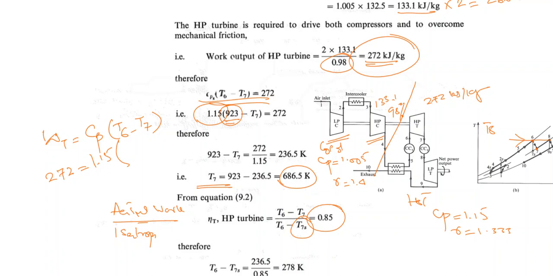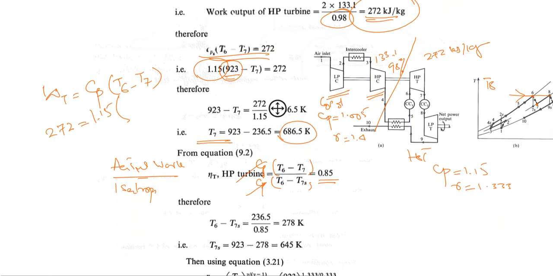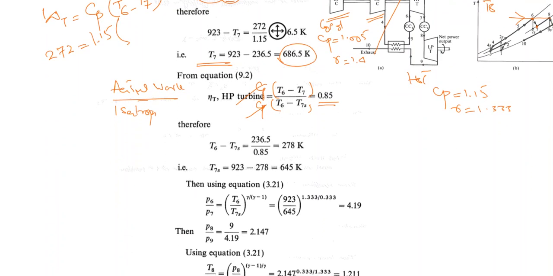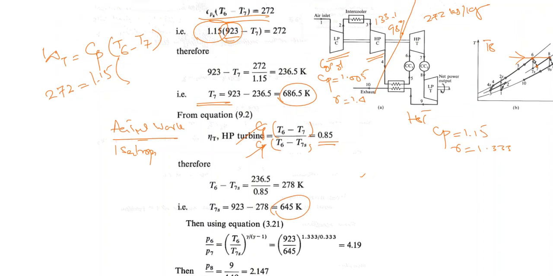You understand, like Cp is already gone, that is Cp and Cp. So that will be done like this. So using the efficiency of 85%, I can find the temperature T7s over here. So T7s is equal to 645 Kelvin, and that is the expansion from stage to stage. So T7s is there now.